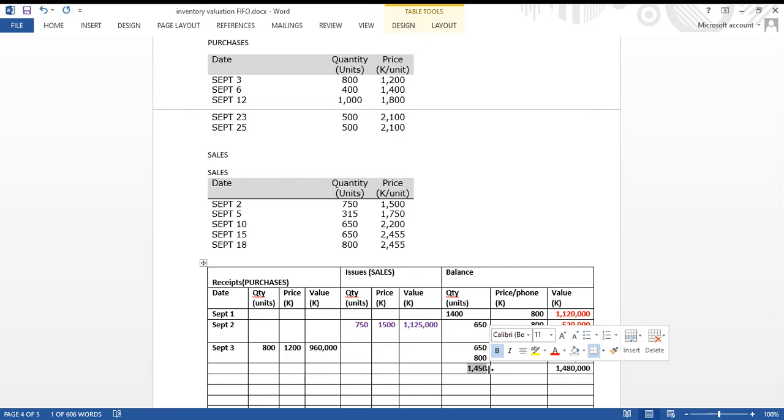We get 1,020.6, so we can round it off to 1,021. So we've got our average cost here, 1,021. Any questions?